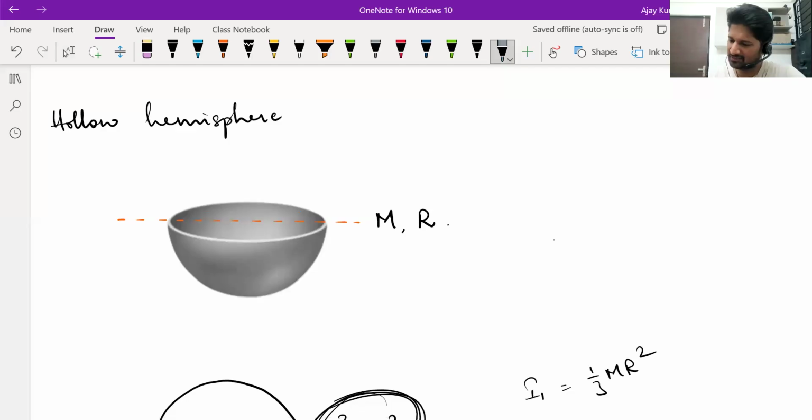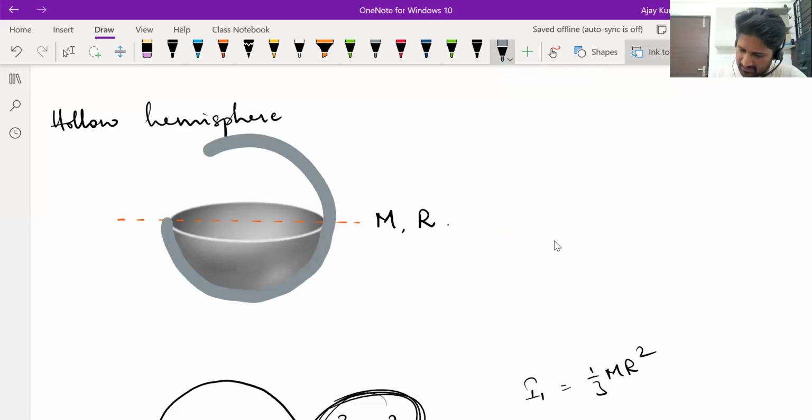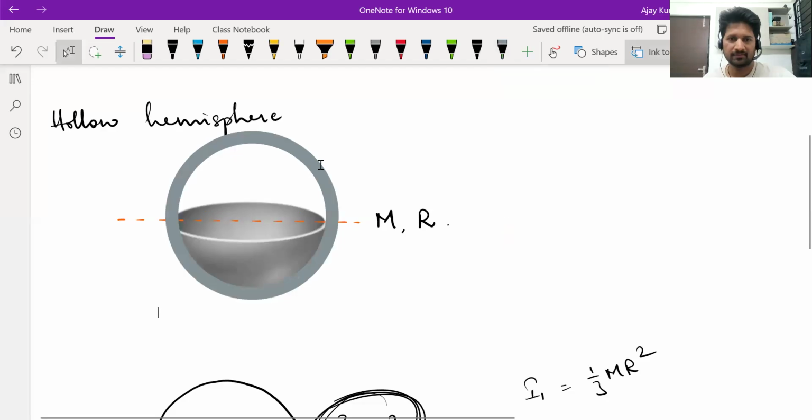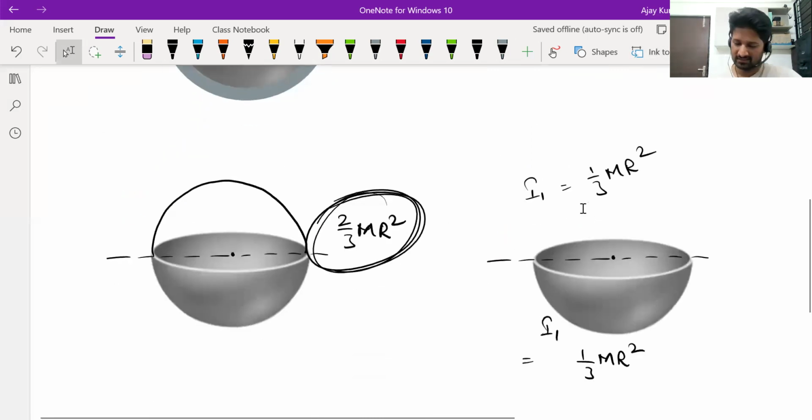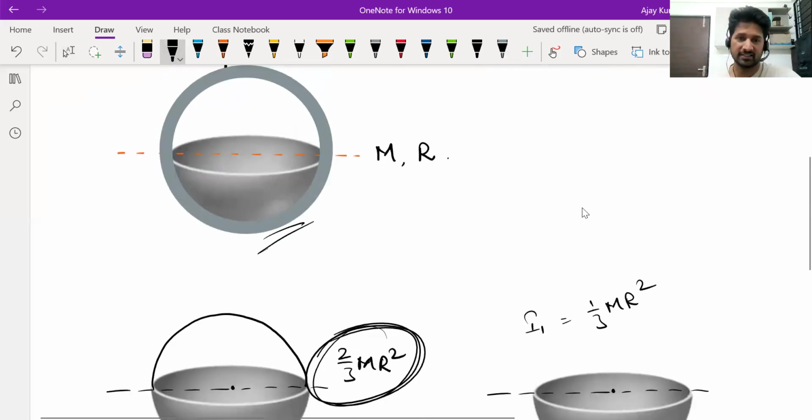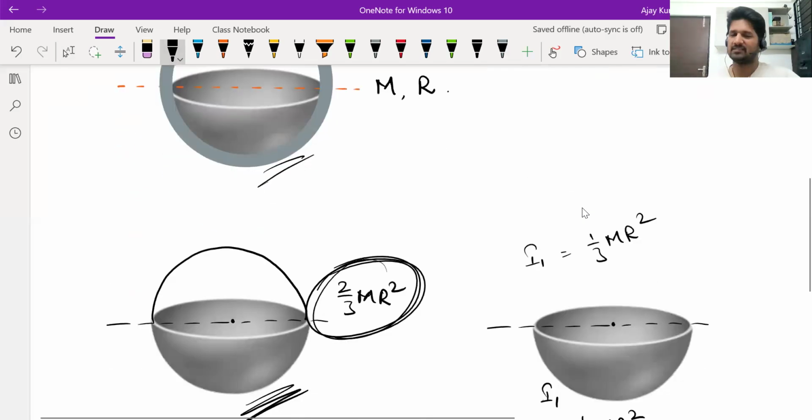This is one thing which you need to be very careful about while solving problems based on moment of inertia. Imagine it as a full sphere. Assume the full sphere was present. Why the answer is not mr square by 3 is because this half sphere and this half are not the same in terms of mass.